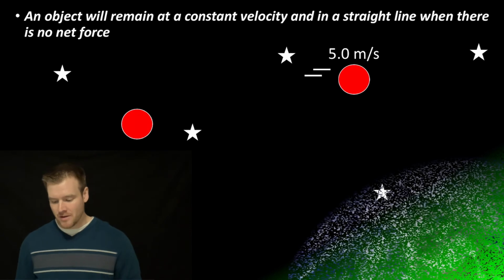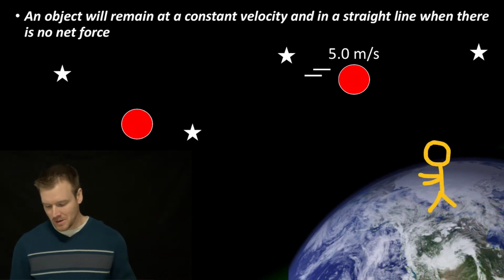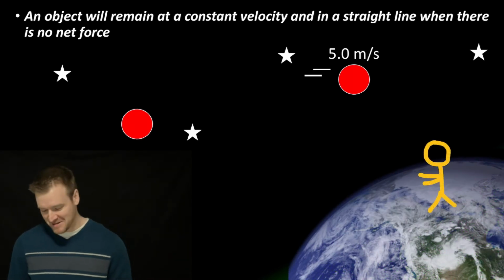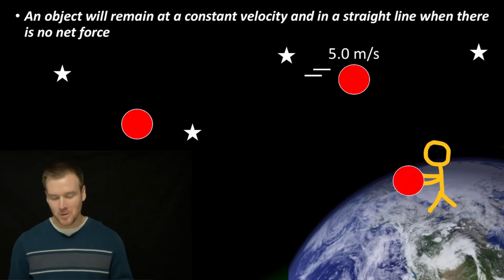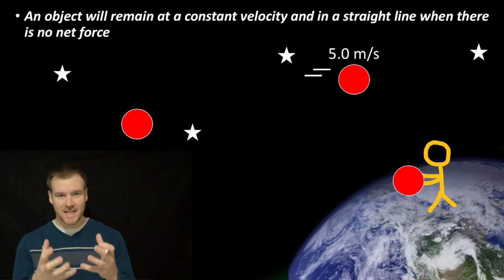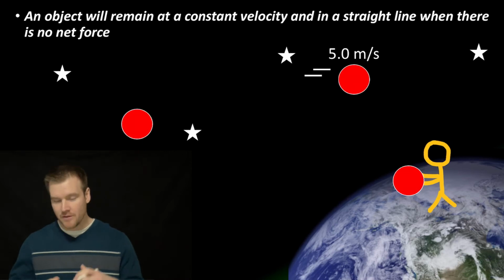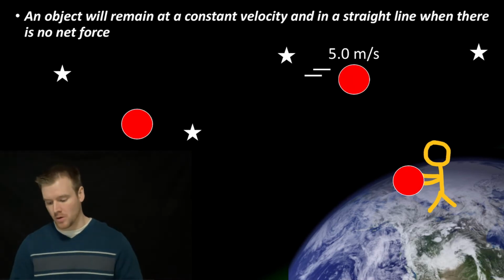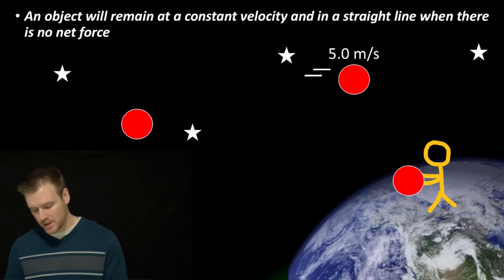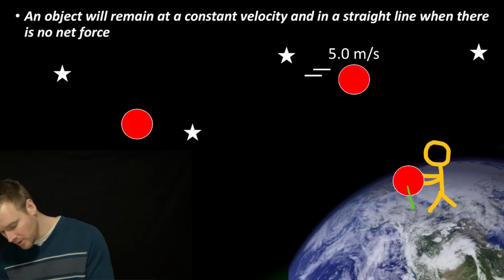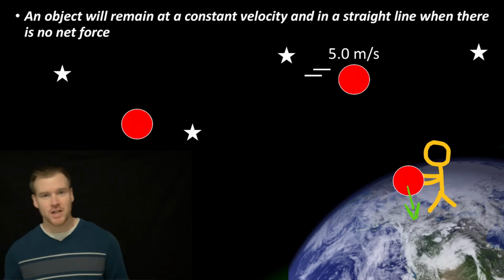Next, let's consider that we're on Earth and we have this person, a very large person compared to the Earth, and they're holding a mass. Let's say they're holding it stationary, it's not accelerating. Well, this means that the overall net force is 0, but again, there could be forces going on here. If you're close to a mass, there's a force of gravity. We'll talk about this a lot in Chapter 4, but a force of gravity is pulling this object down.